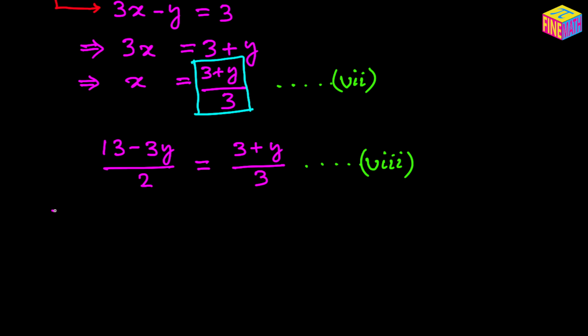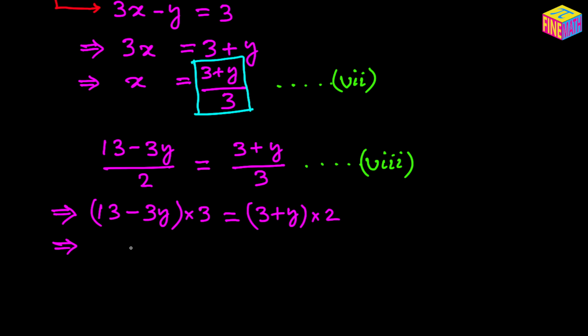So from here we can say, okay, let's cross multiply the 2 and 3, right? So 3 will be multiplied on the left hand side, 2 will be multiplied on the right hand side. So from there we get (13 minus 3y) times 3 is equal to (3 plus y) times 2.